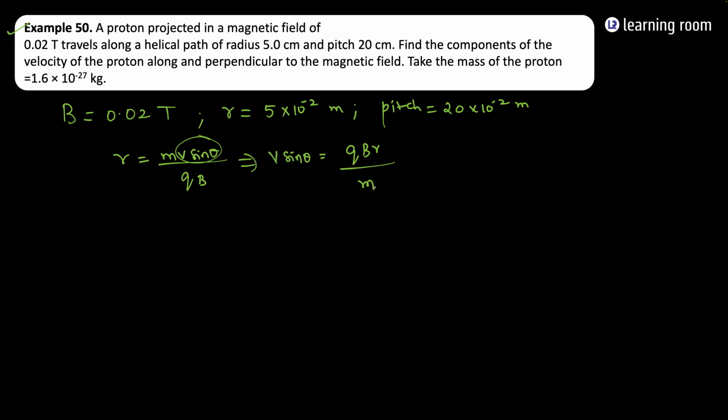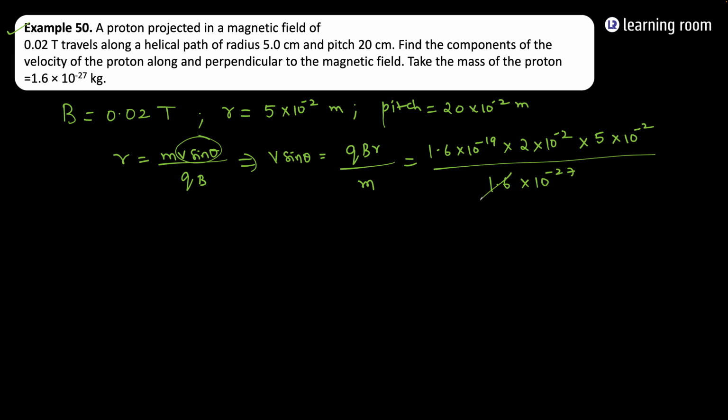So what is the value of charge? 1.6 into 10 power minus 19. And what is the value of B? 0.02, so 2 into 10 power minus 2 into what is the value of r? 5 into 10 power minus 2, the whole divided by what is going to be the mass? 1.6 into 10 power minus 27. So 1.6 and 1.6 are gone, right? So this will be equal to 2 into 5 is 10.